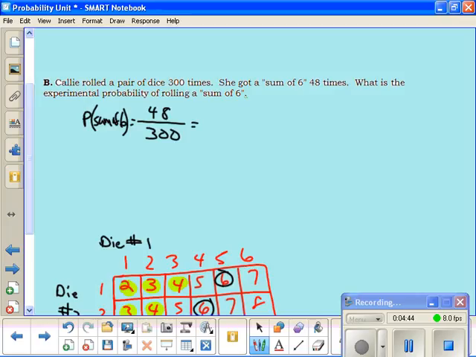Let's reduce that so we can divide them both by 6. That's going to leave me 8 out of 50. I can reduce that a little bit further. That's 4 out of 25. So 4 out of every 25 rolls she got a sum of 6.